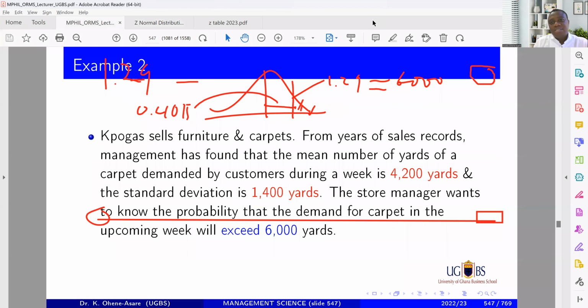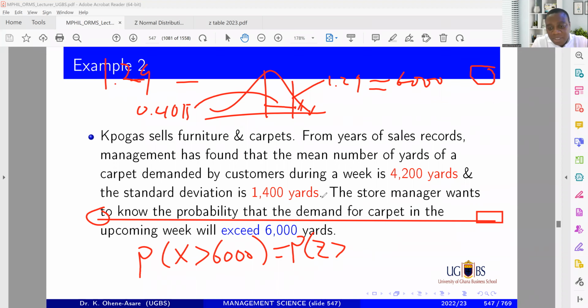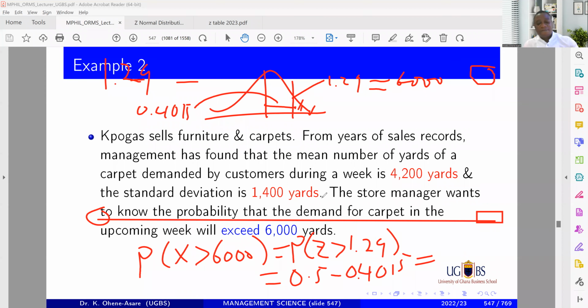The way you write it is: the probability that X is above 6,000 is the same as the probability that Z is above 1.29, which is equal to 0.5 minus 0.4015. And what does the calculator give you as a final answer?